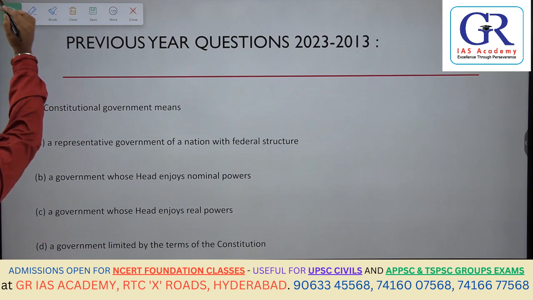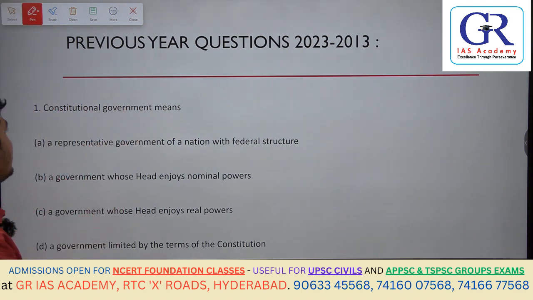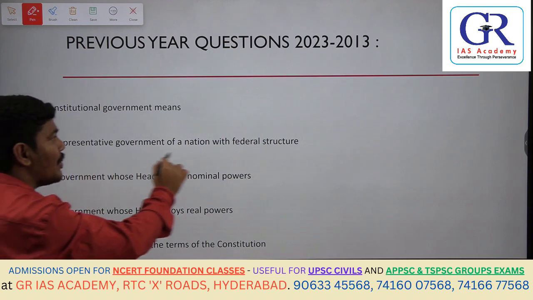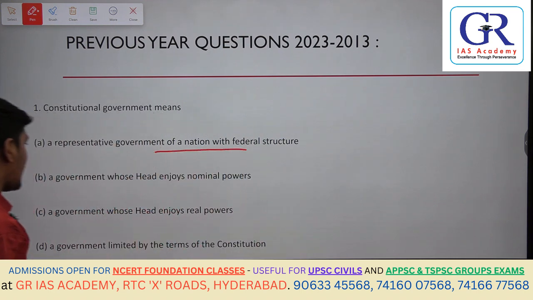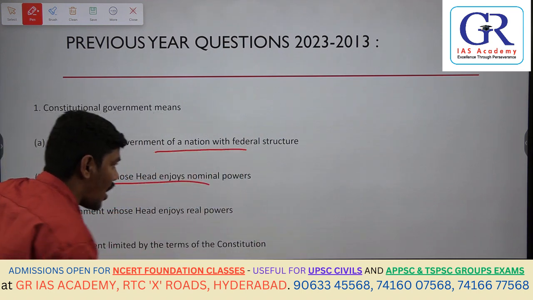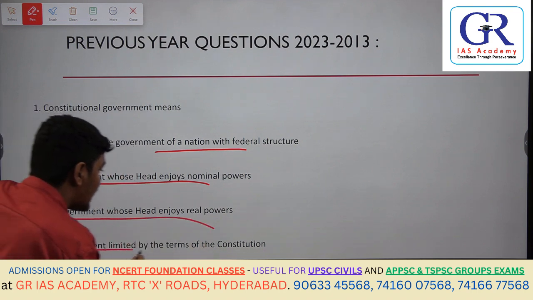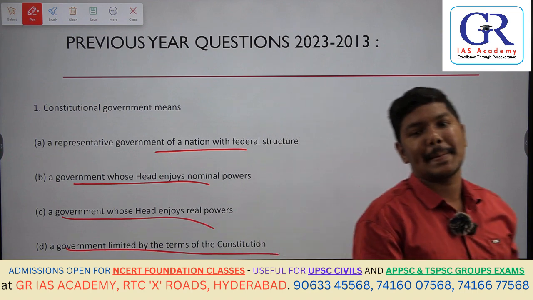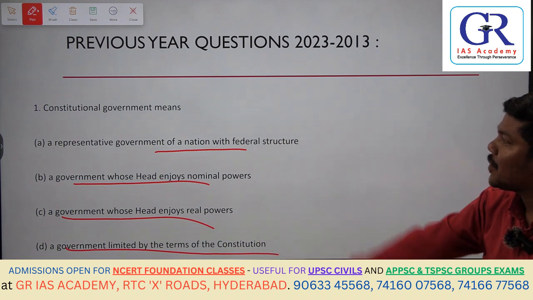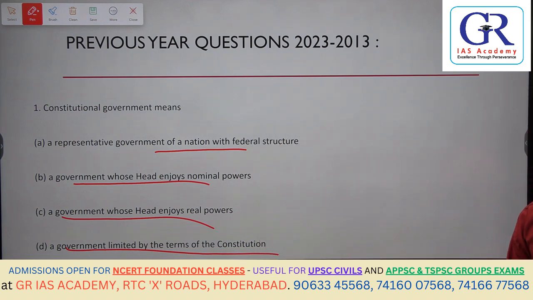The question, asked in 2023 or 2022 maybe, simply says: constitutional government means, try to identify the answer. A representative government of a nation with a federal structure, a government whose head enjoys nominal powers, a government whose head enjoys real powers, a government limited by the terms of the constitution. What is a constitutional government?